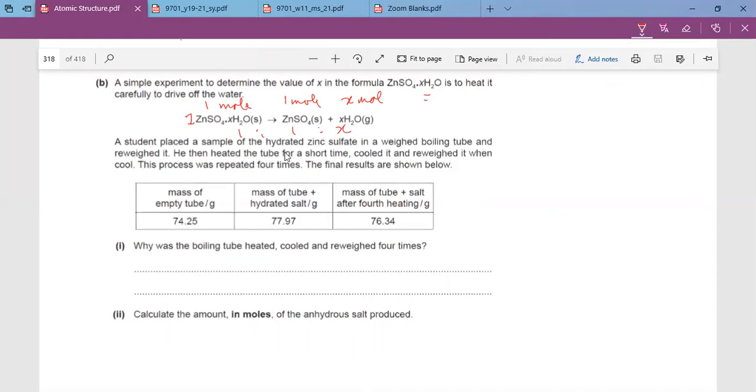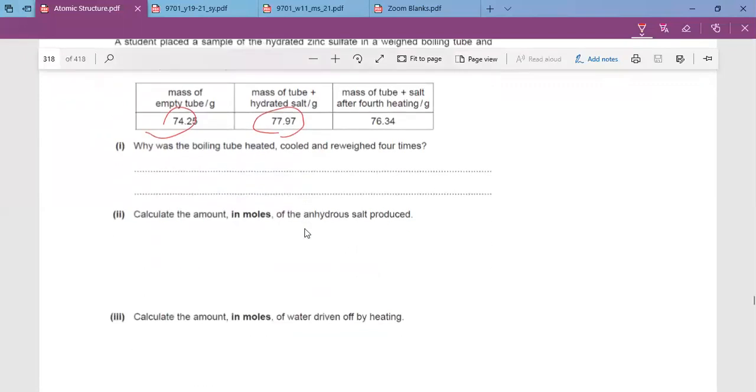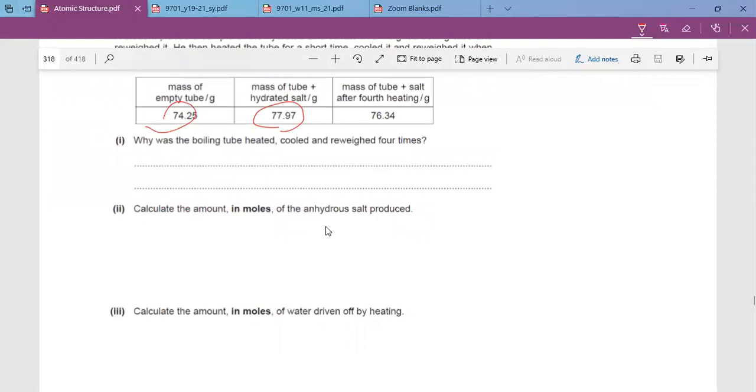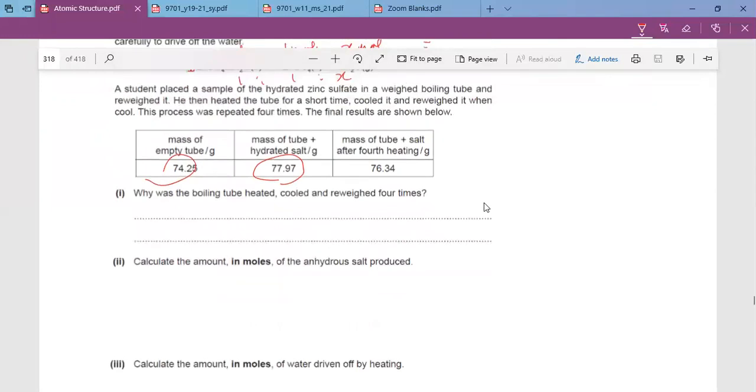Now, of course, we use the hydrated zinc salt and weigh the empty bottle, we weigh and so forth, and heat until the mass is constant. The mass of the empty bottle is 74.25. The mass of the hydrated salt is this minus this.